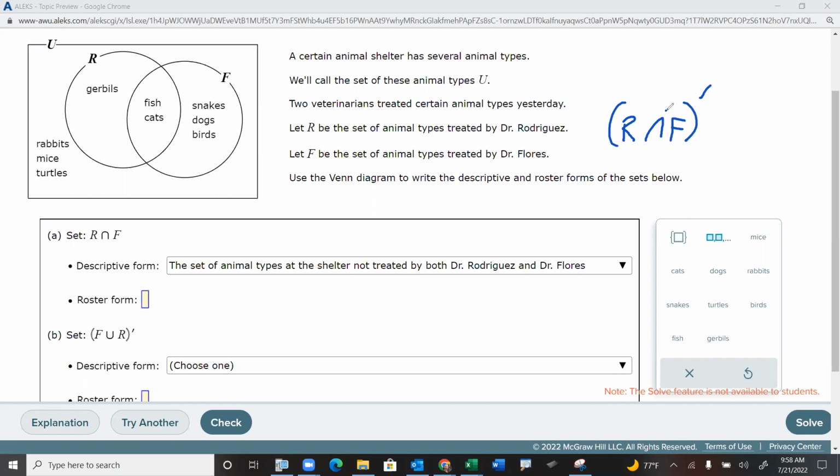So for that, we could first find R intersect F. I forgot the name of the rule, but we haven't learned it yet anyway. So R intersect F, that's where they overlap. But the complement of that is going to be everything else, everything outside of that intersection. So everything I just underlined, that would be the answer for that right there.